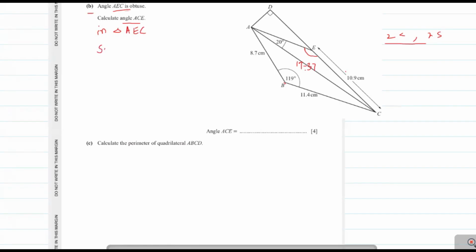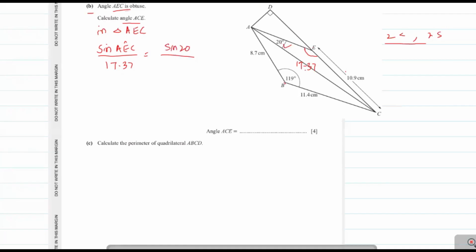According to the sine rule, we will take sine of AEC, and the opposite side of this angle AEC is 17.37, equal to sine 20. This is the given angle.